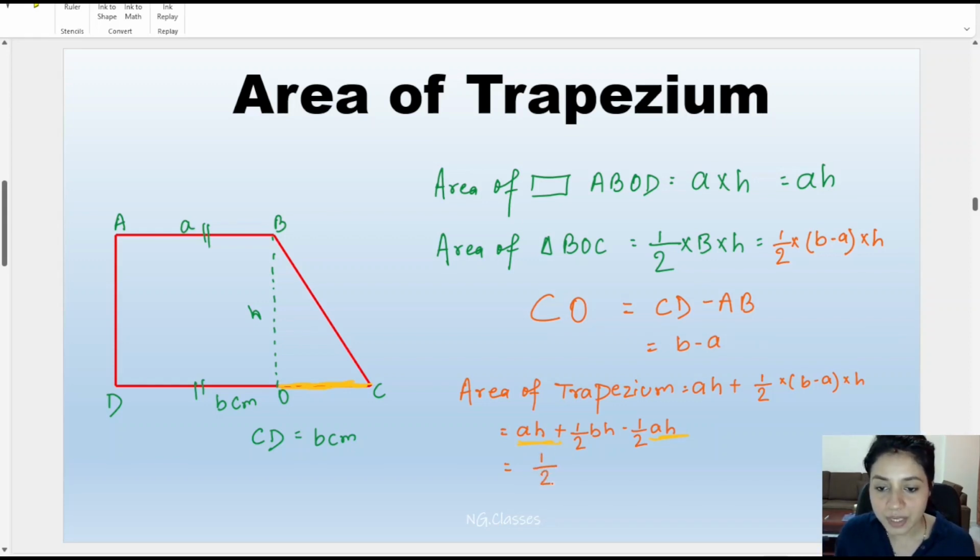So half AH plus half BH. When we take out the common factor from here, we will have 1/2 times H, we can take out common, and A plus B will be in the bracket. And this is the formula for area of the trapezium.